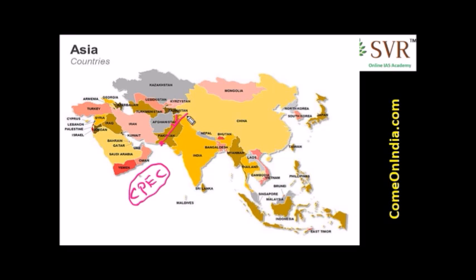It will benefit China because instead of relying on the Strait of Malacca route, China will now be able to import crude oil from the Persian Gulf via Gwadar Port, through the economic corridor, reaching the western part of China.